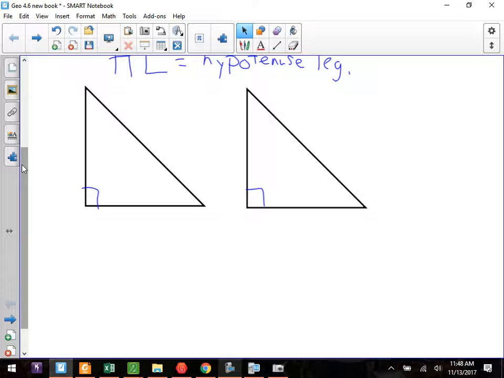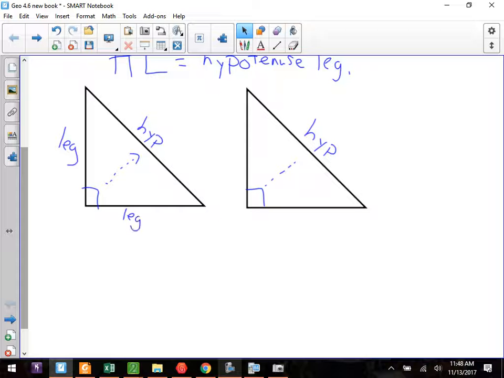The one across from the right angle. It's the longest one. When we say it, we call it opposite the right angle. So the right angle always looks at the hypotenuse, which makes the other two sides legs. It doesn't matter what you call them, they are legs.